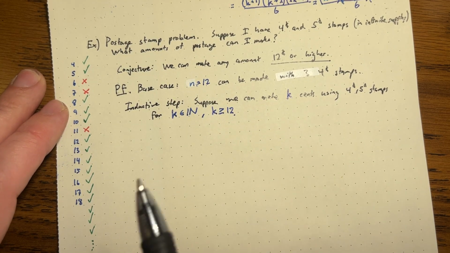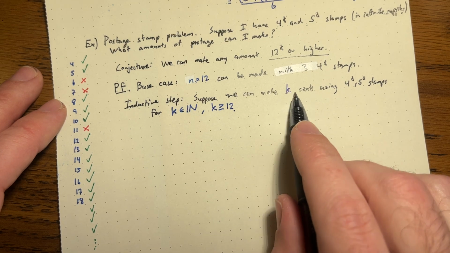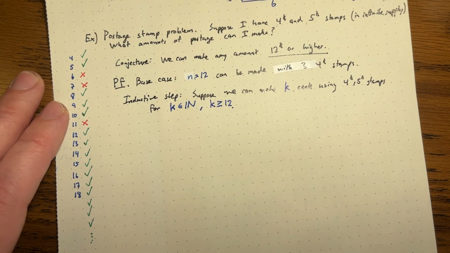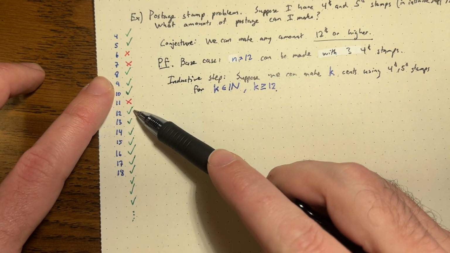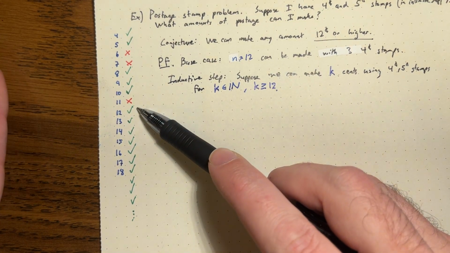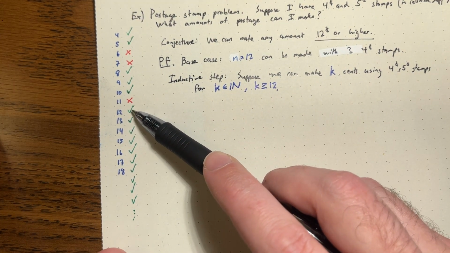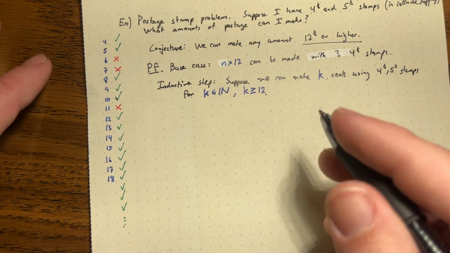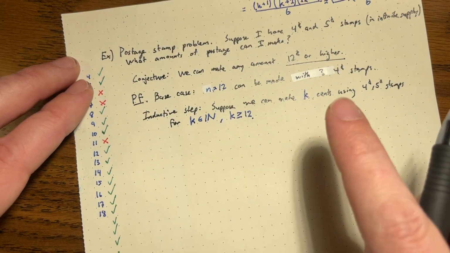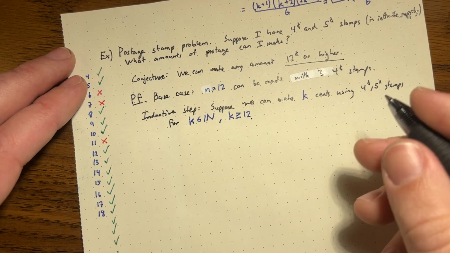Okay, suppose we can make k. Can we show that you can make k plus 1? Well, I'm going to remember what we did to get 13 from 12. The way I thought about that was just take one of our 4-cent stamps and swap it for a 5-cent stamp. So that's easy. Assuming that we have at least one 4-cent stamp, okay?